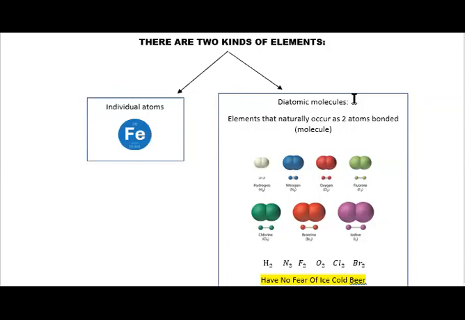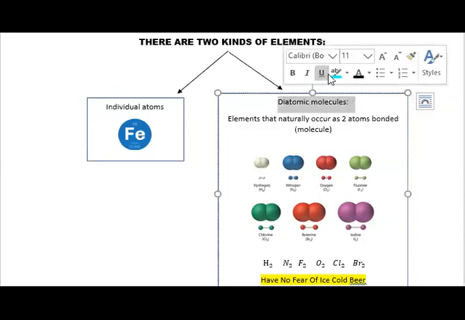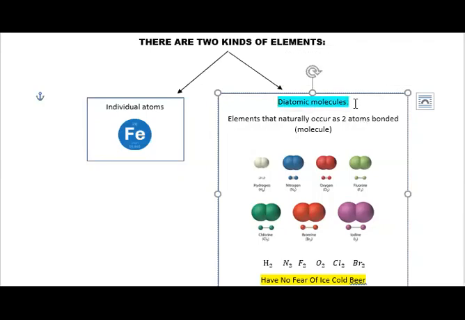But we have another type of atom. We know that they are called diatomic molecules, right? Why are they called molecules? Because there are 2 atoms that are bonded together, right? And we know from the definition of a molecule, it is when 2 or more atoms are bonded together.